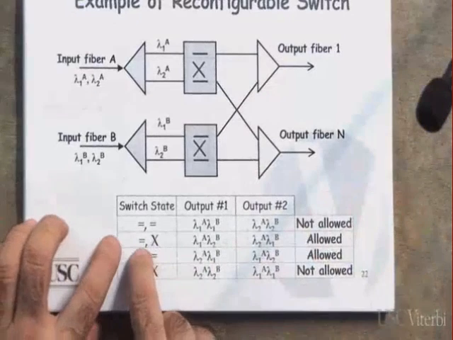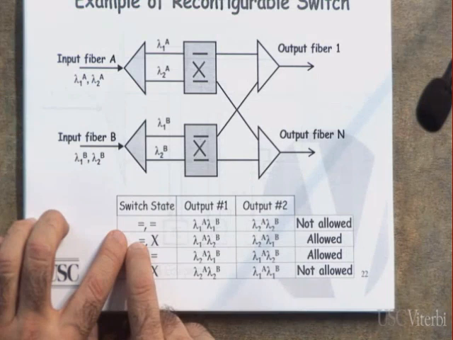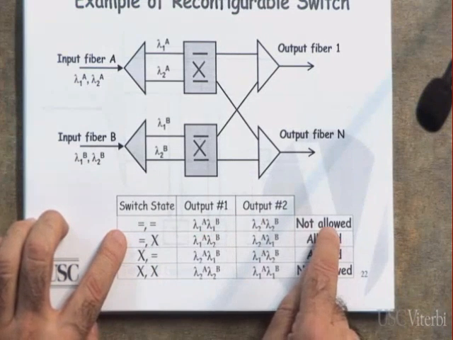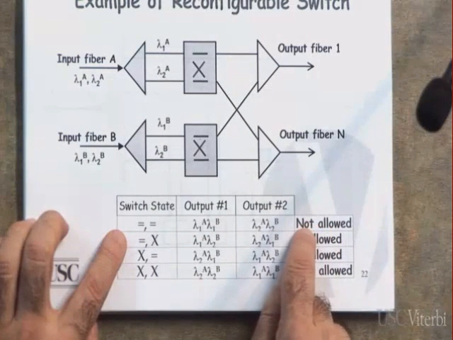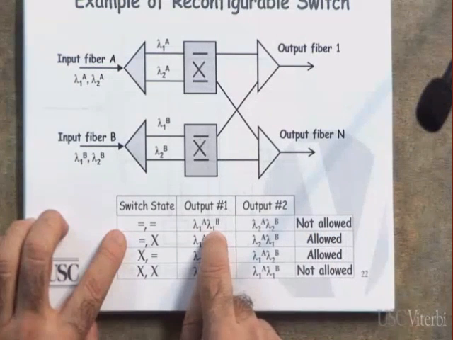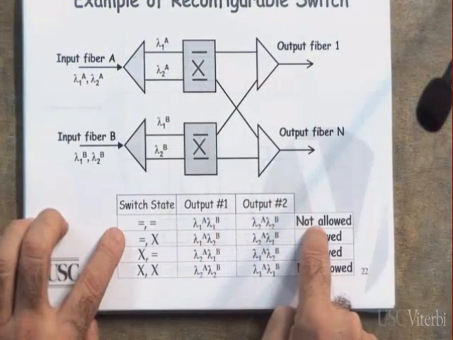Okay. Now, what is this? First of all, answer me the following question. Why is this one not allowed? Because it's the same wavelength. Do you understand that this one is not allowed? Why?